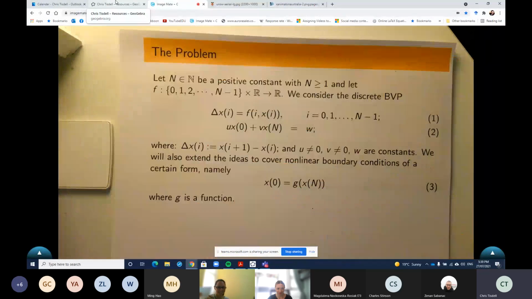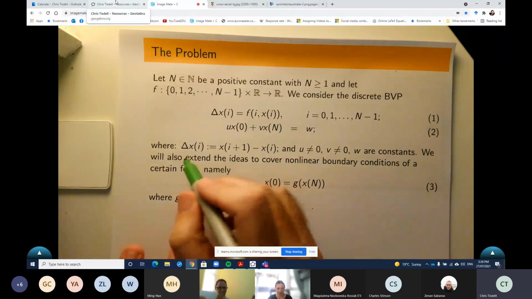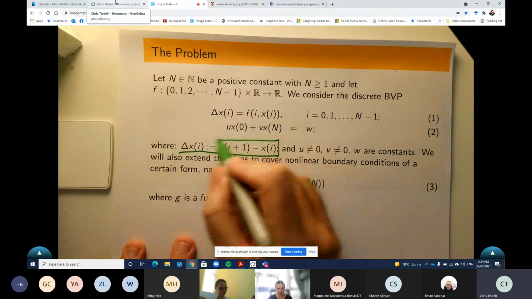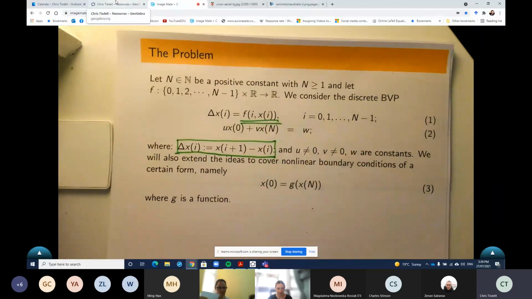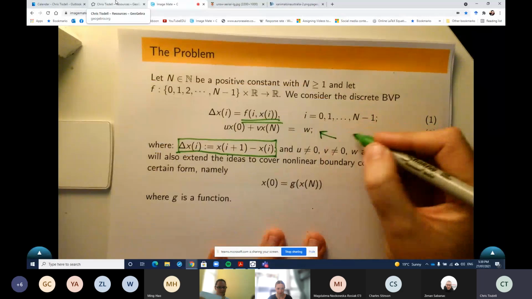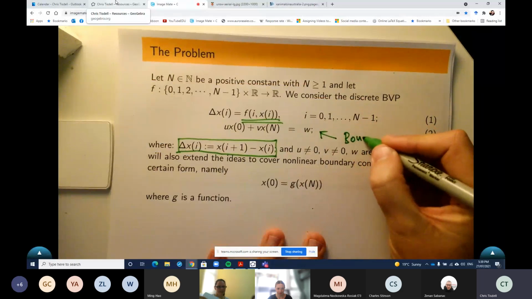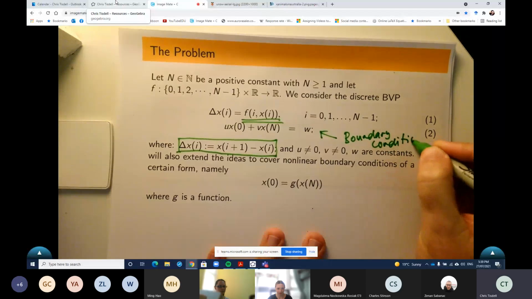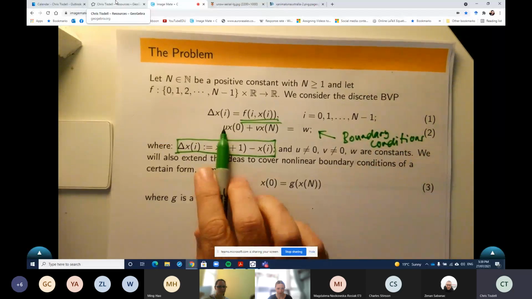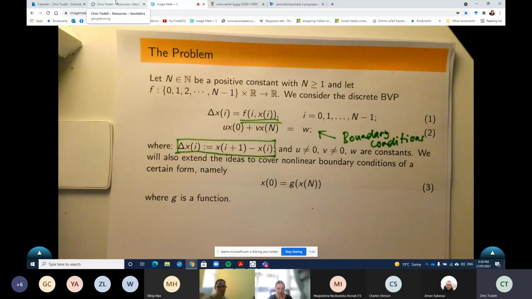All right. So here's the problem, and this looks a bit like what Andrea was talking about in her talk before. I'm just using the basic forward difference operator, and you've got some maybe nonlinear function on the right hand side, and here you have some boundary conditions. U, V, and W are just constants.